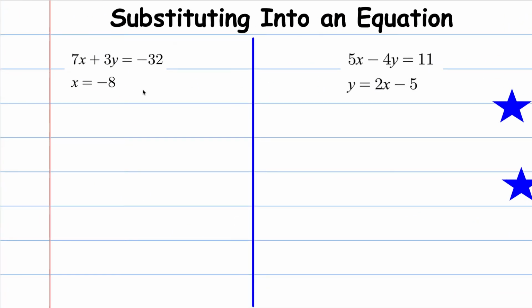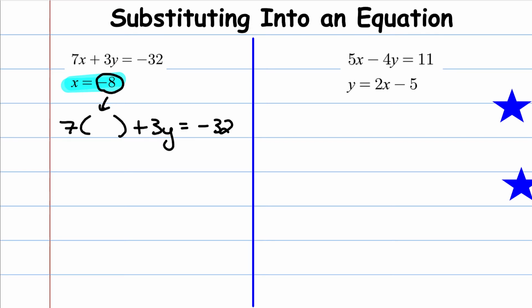Okay, so let's go ahead and look at how we use substitution. I'm going to do the one on the left, and over here it says x equals -8. So I have an isolated variable. In the first equation, every place that there used to be an x, I can replace it with -8 because they are equal to each other.